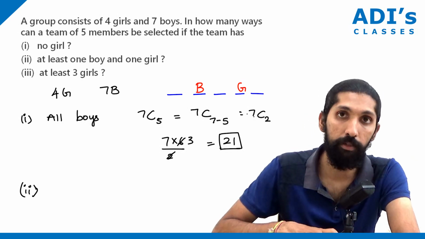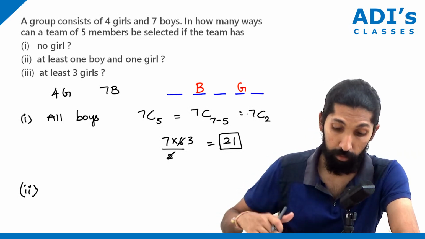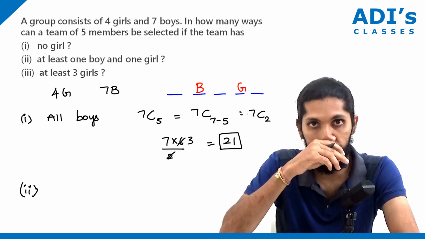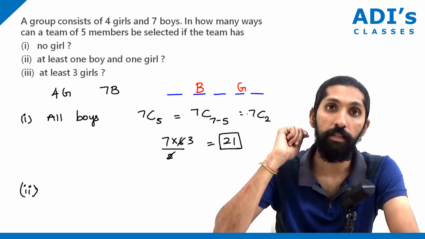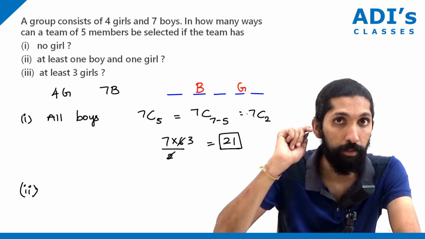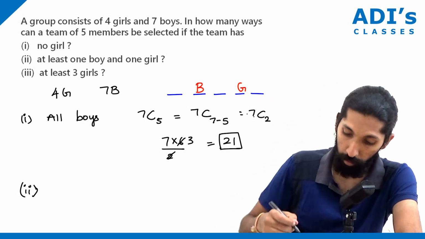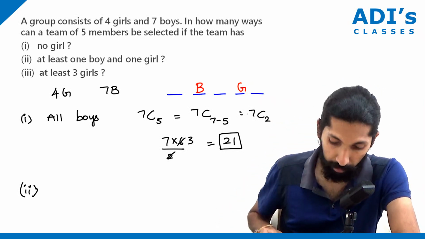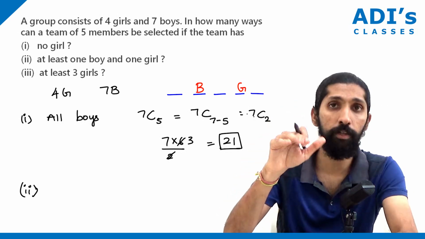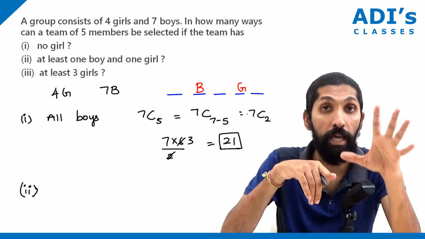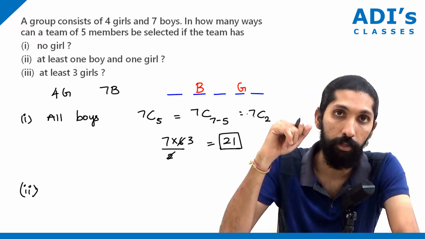There are only 4, but we have 5 places. That means one of them has to be a boy. Makes sense? So there can never be a case where there is no boy in the group, because out of 5 there are only 4 girls. The 5th one has to be a boy, isn't it?